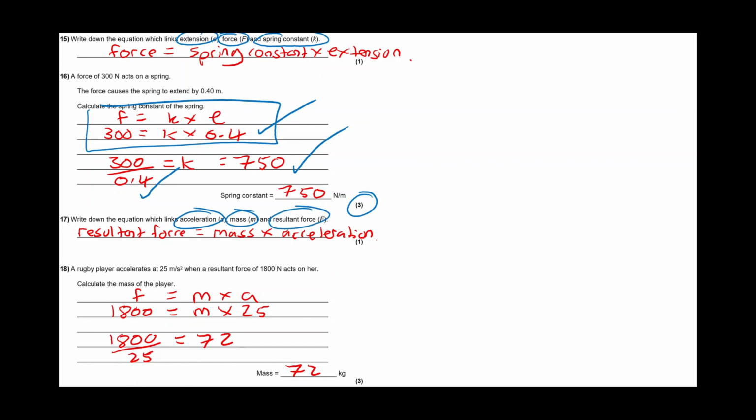Resultant force is mass times acceleration. Again, I've put that same technique into place. I've put 1 mark for writing the numbers directly below the equation. I'll repeat myself again. Do this step first before you rearrange your equation. My 2nd mark is for doing the rearrangement, and then my 3rd mark for getting the correct answer here.